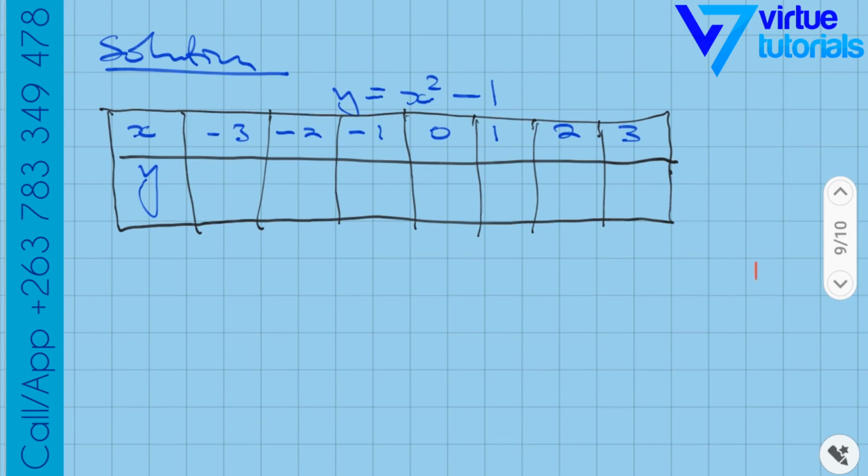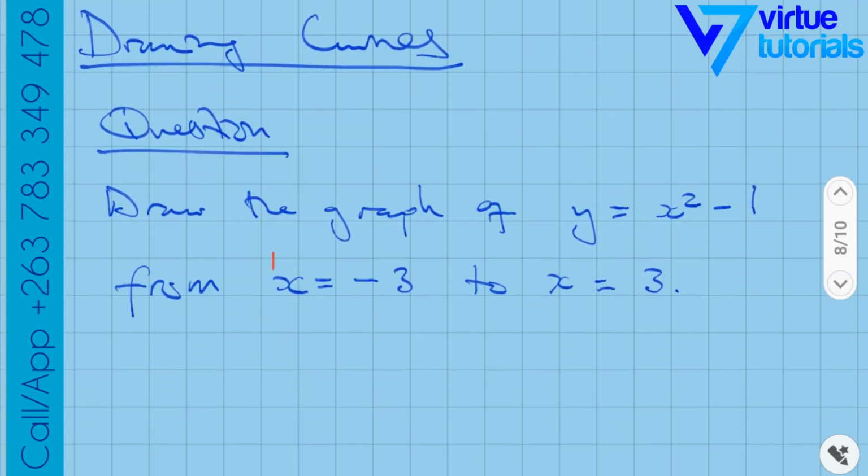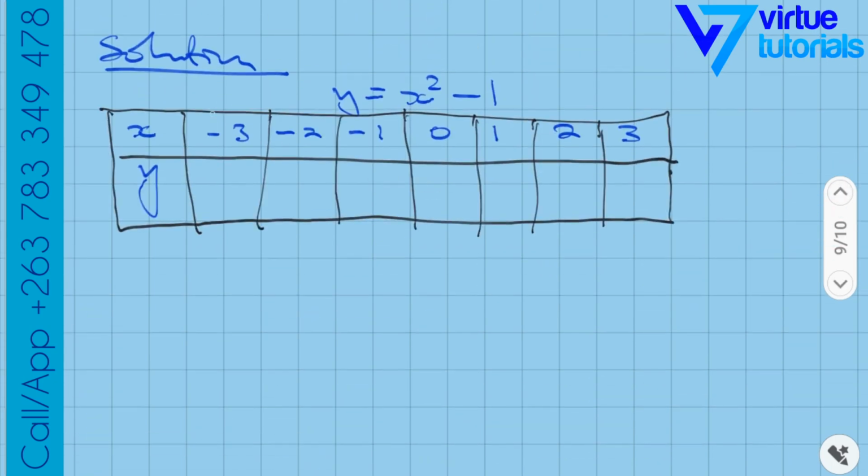So this is our table. We're told to start from x is equal to minus 3 to x is equal to 3. So my x values in the table start from minus 3 all the way up to 3: minus 3, minus 2, minus 1, 0, 1, 2, 3. So these are x values.